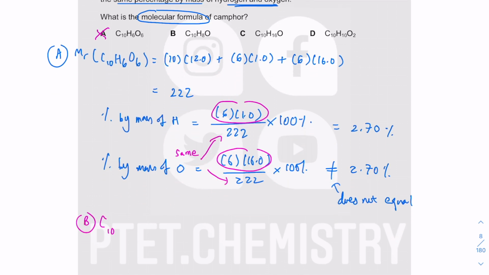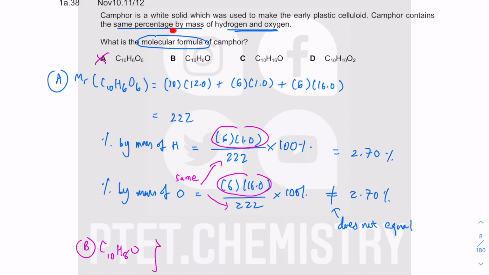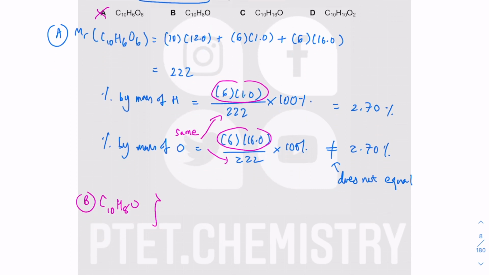So for B, C10H8O, it doesn't matter what the molecular mass is, because the denominator, the one at the bottom, will be the same when I compare the percentage by mass of hydrogen or oxygen, which they are asking us to compare because they have the same percentage by mass there. So just talking about the numerator, for hydrogen, I have 8 times 1.0 is 8.0, and then oxygen, 1 oxygen times 16.0 is 16.0, does not equal.